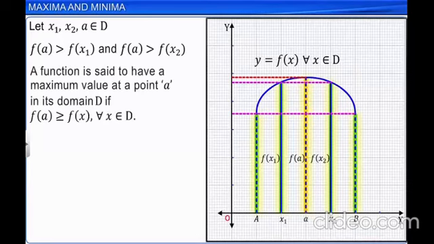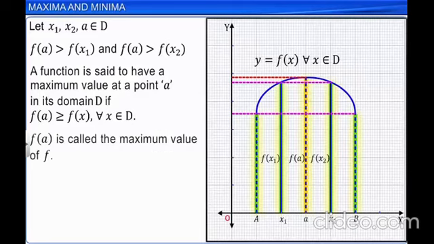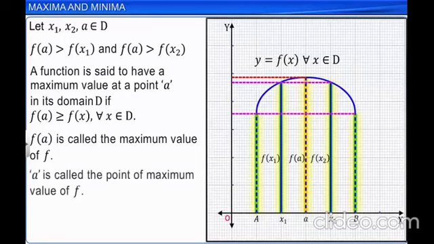Mathematically, a function f is said to have a maximum value at a point A in its domain if the value of the function at that point is greater than or equal to the value of the function at any other point in its domain. The number f(A) is called the maximum value of f in D, and point A is called the point of maximum value of f in D.